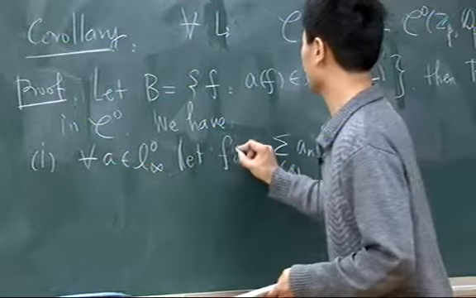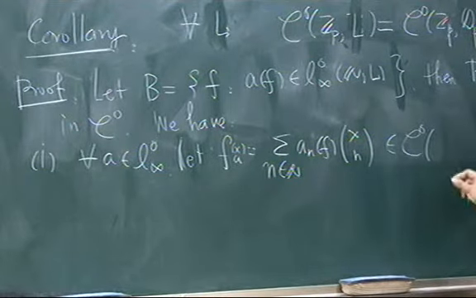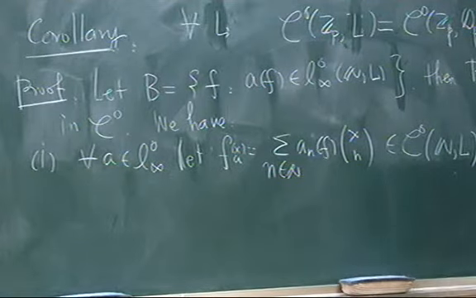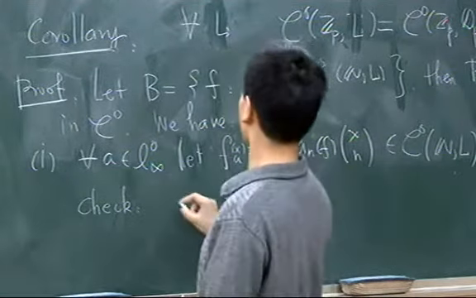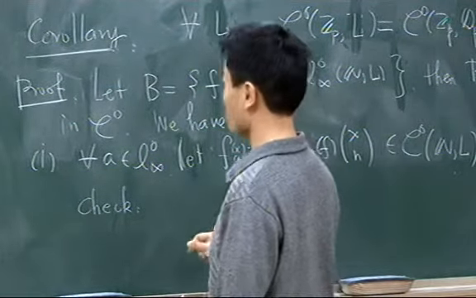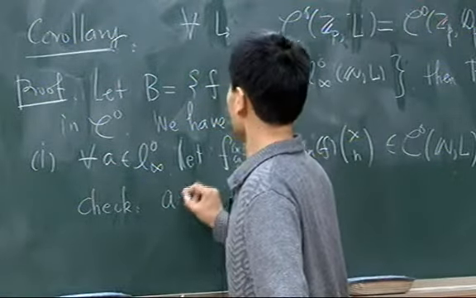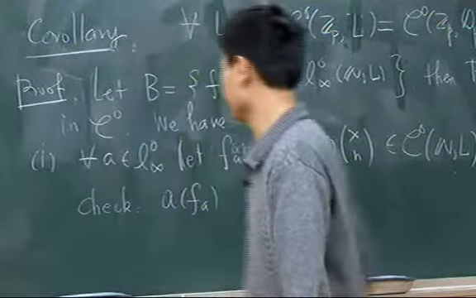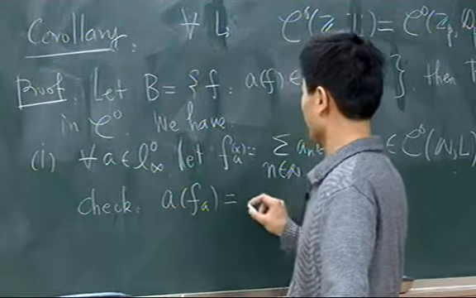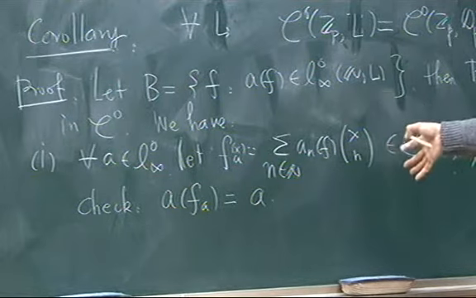So this is contained in C0. Now you can check that if you define f(a) like this, its coefficients are nothing but a. So that means this map is surjective.